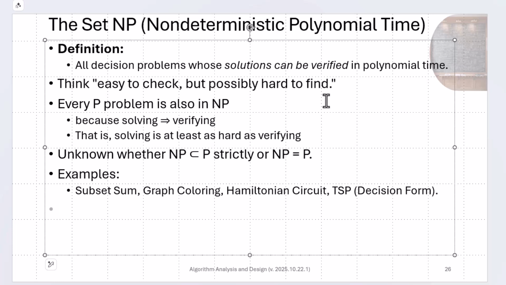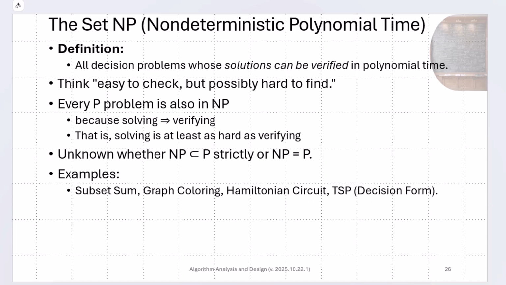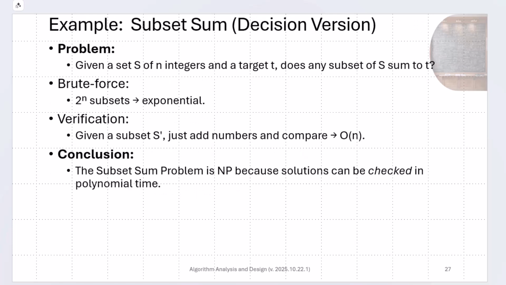We don't know of any algorithm that can do that. So solving is at least as hard as verifying. So it's unknown whether NP is just a proper subset of P or if NP is equal to P. So examples of NP are subset sum, graph coloring, Hamiltonian circuit, TSP, decision form. So you can verify these things, but not necessarily solve them in polynomial time.